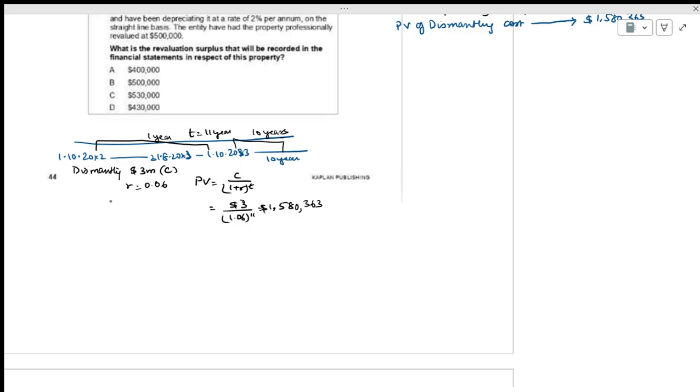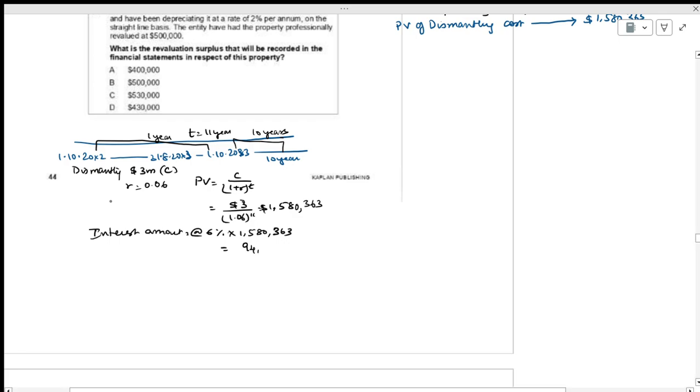At the rate of 6%. 1,580,363 times 6% comes to 94,822. Yeah, that's correct.